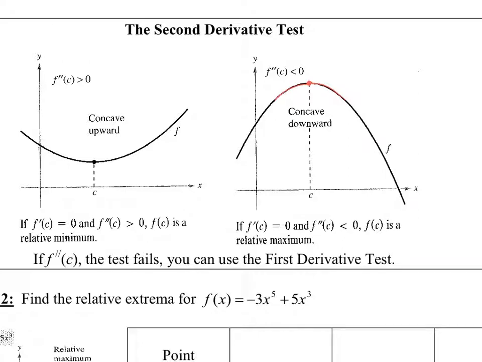Okay? If the second derivative was undefined at that point for some reason, again, we could go back and use the first derivative test. Alright? So, again, this is just another way of determining max and min points, relative max and min points. Okay?